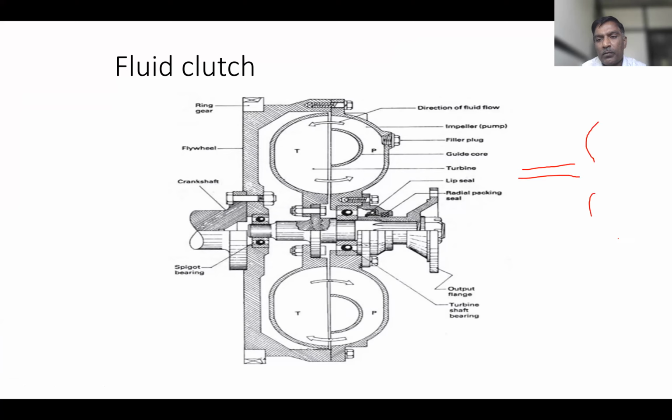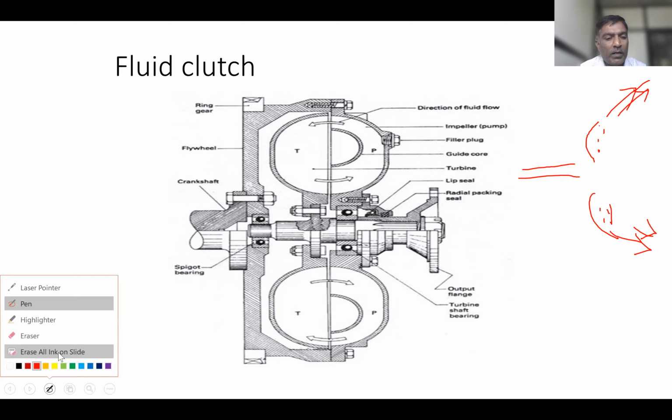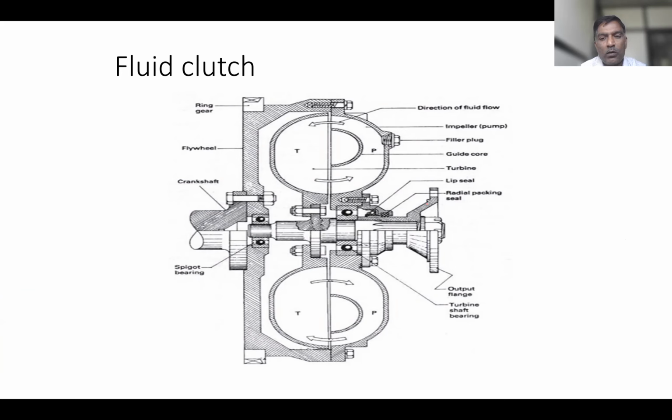Like these cups, and if oil will be there, then this oil will be thrown away, and so you can see this, but this much complicated figure is not required to draw even in the examination.